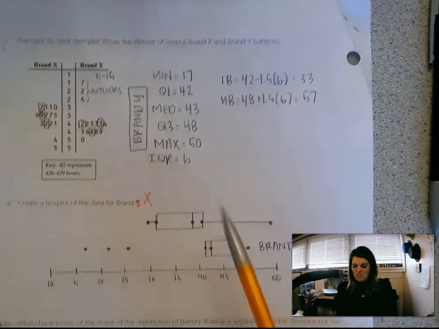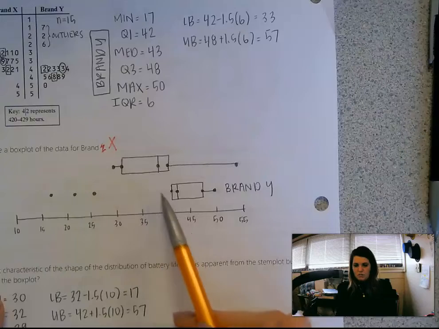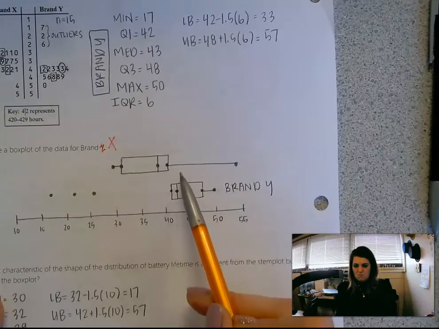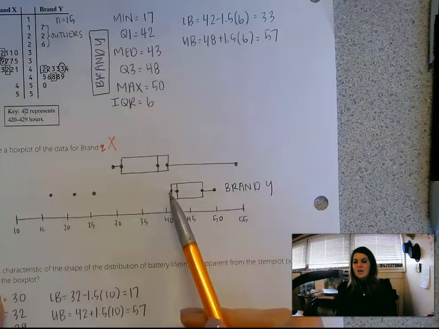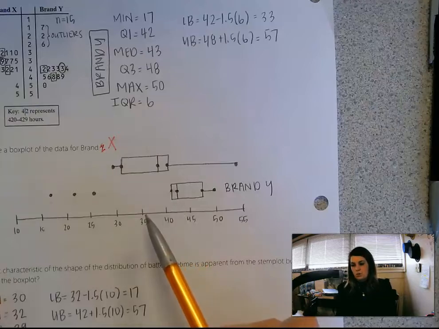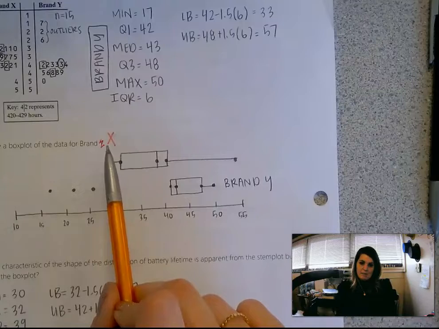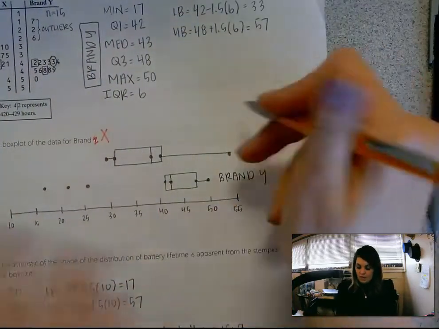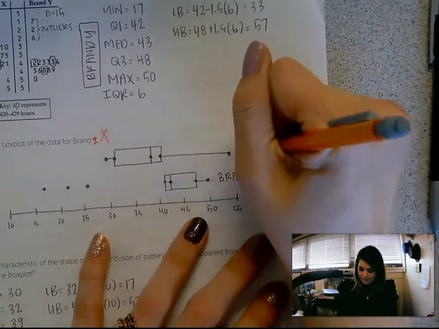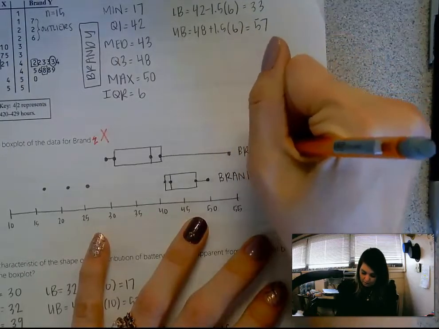So you ended up having to make a box plot with no lower whisker. You just start the box. And I was like, that's too complicado. So then I emailed the sub and said, have them change it to brand X. So that's what you're seeing right here. This is brand X and the one that you should have done.